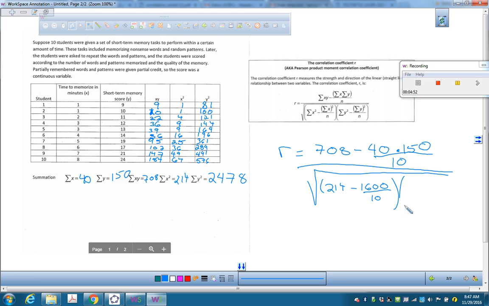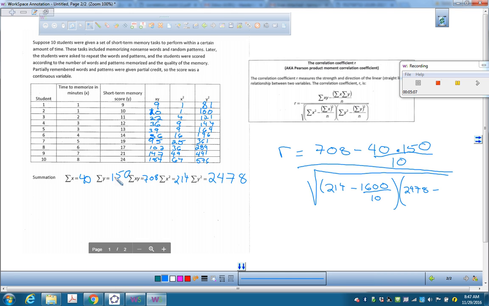Okay? Times the sum of the y squareds, which we already have somewhere, 2,478, minus the sum of the y's squared. So I have to take the sum of the y's, which is 150, and I have to square that.